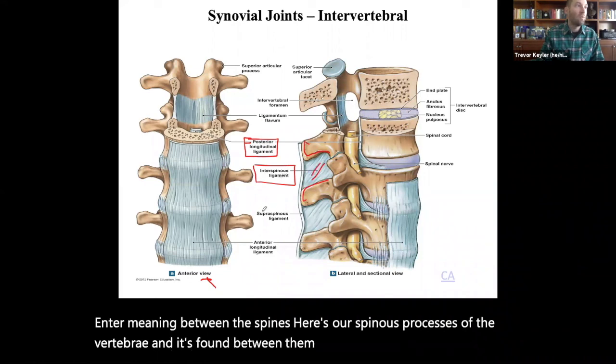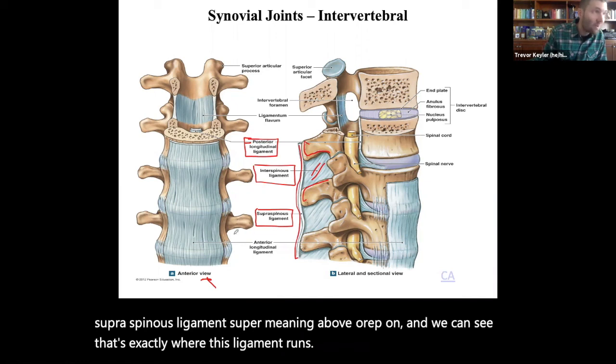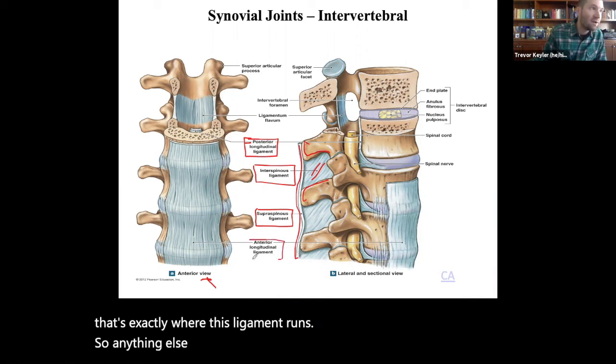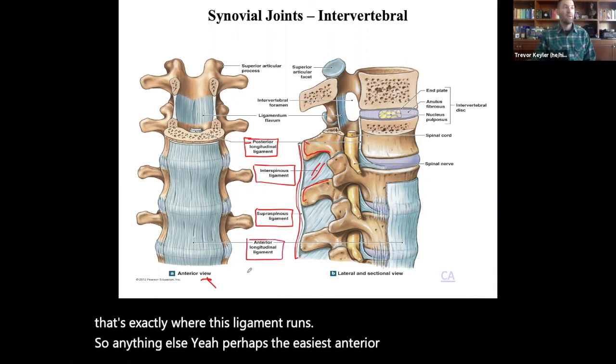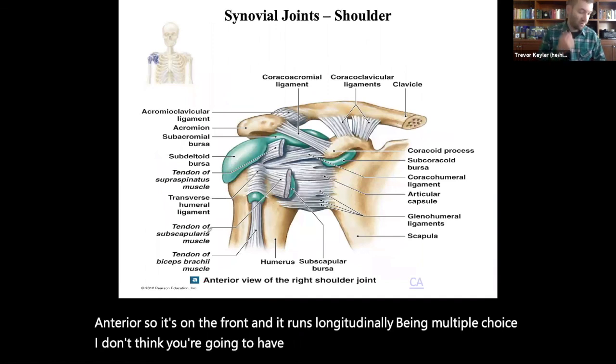Interspinous ligament. We have a supraspinous ligament. Okay, supra meaning above or upon, and we can see that's exactly where this ligament runs. Is there anything else? Oh yeah, perhaps the easiest. Anterior longitudinal ligament. Anterior, so it's on the front, and it runs longitudinally. Being multiple choice, I don't think you're going to have much trouble with those.